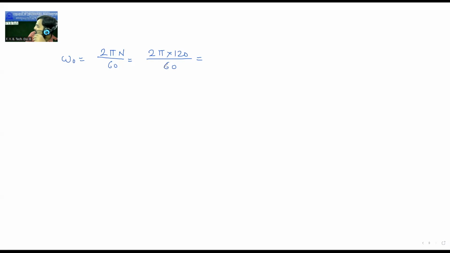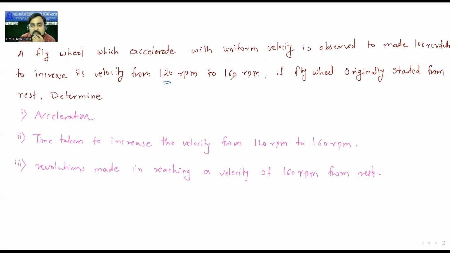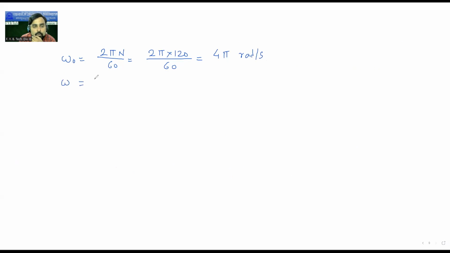What is the answer? 4 pi radian per second. Next, it is increased up to 160. So we will calculate final velocity omega. 2 pi n divided by 60. So it is 2 pi into n is 160 divided by 60. What is the answer?